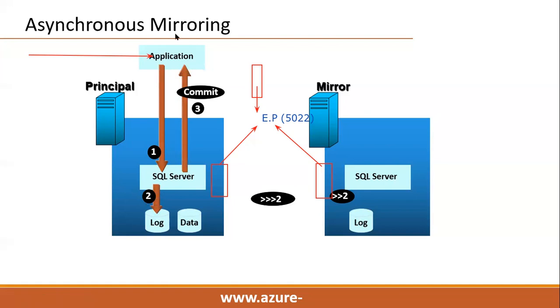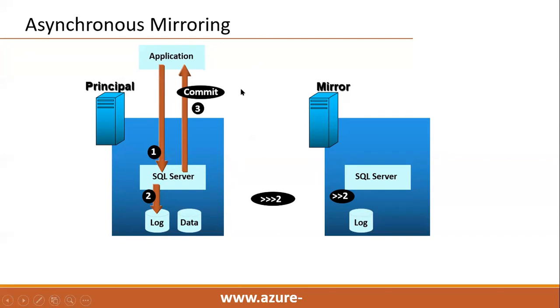Still, changes are not applied to the mirror. That is the reason we call it high performance mode. Means no need to wait till the acknowledgement comes from the mirror.